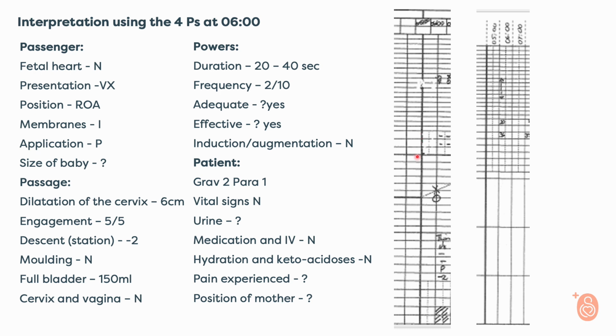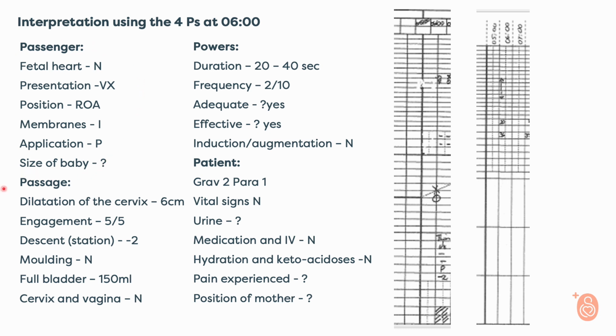Unfortunately, it's not recorded here, but on the next recording it was still intact, so one can assume that it's still intact here. They obviously haven't done a good job of properly recording the condition of the membranes. And then the application is poor, and we don't know what the size of the baby is.